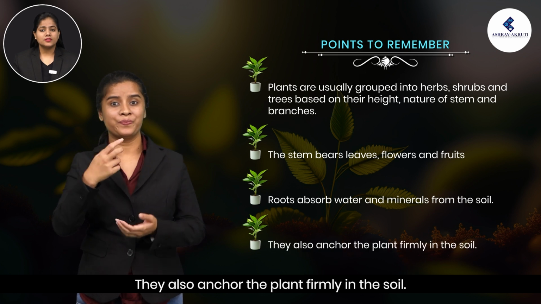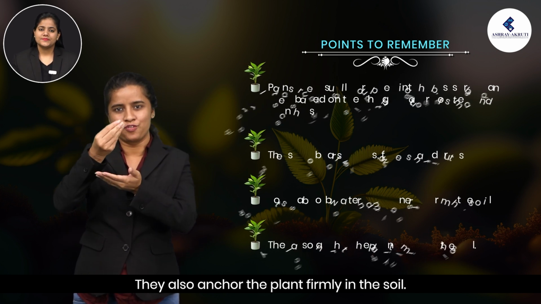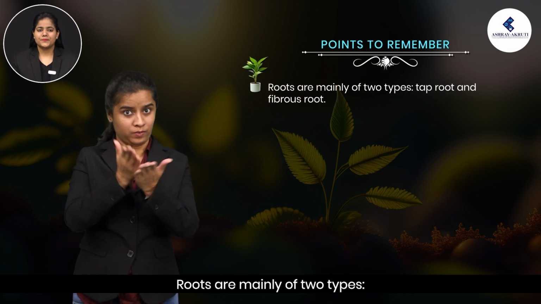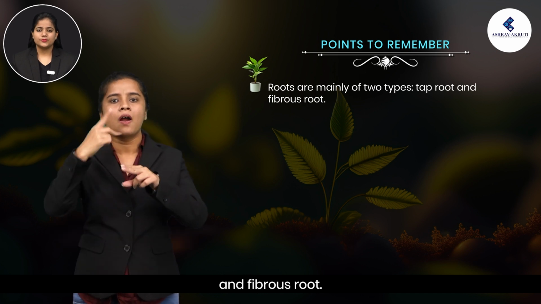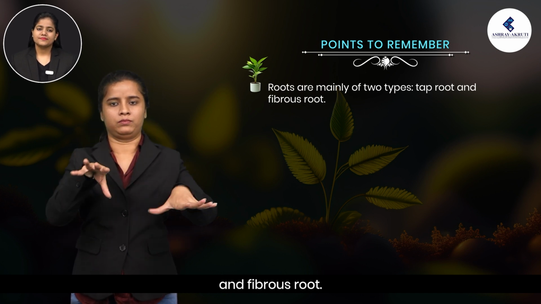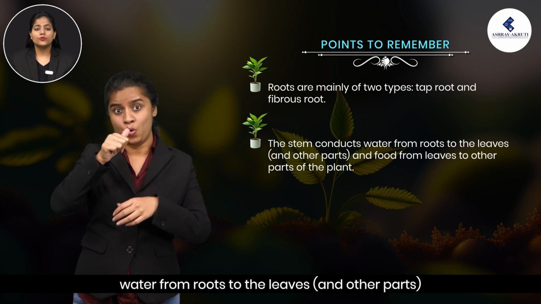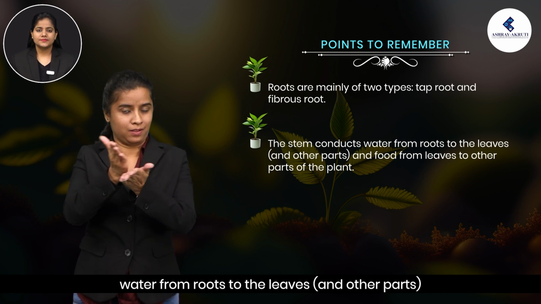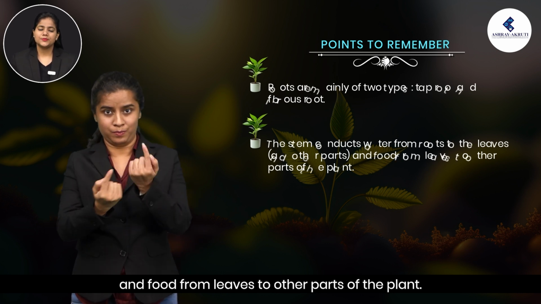They also anchor the plant firmly in the soil. Roots are mainly of two types: taproot and fibrous root. The stem conducts water from roots to the leaves and other parts, and food from leaves to other parts of the plant.